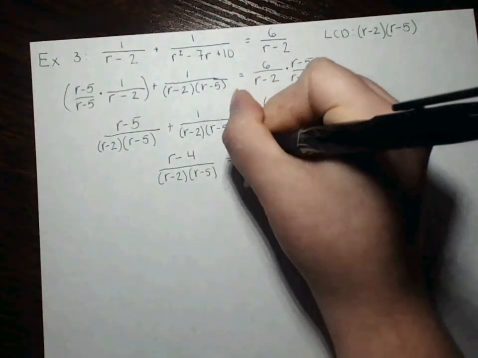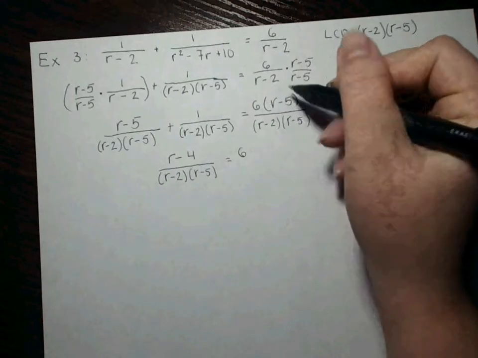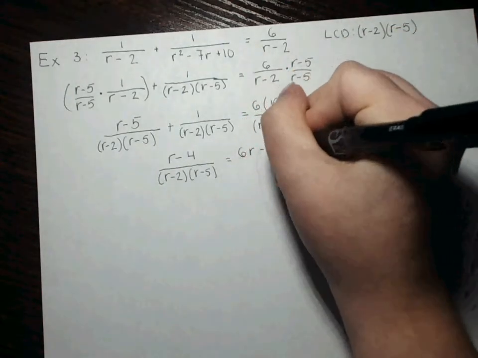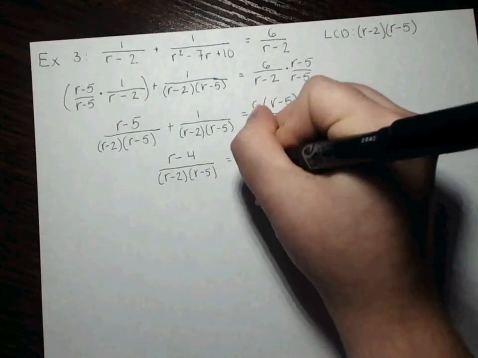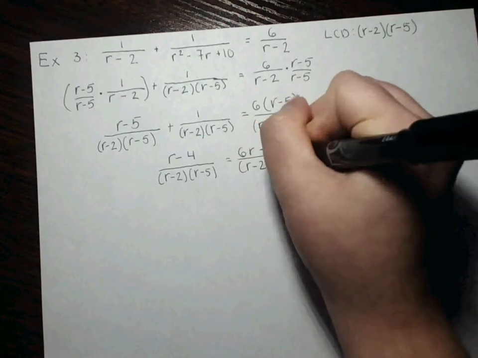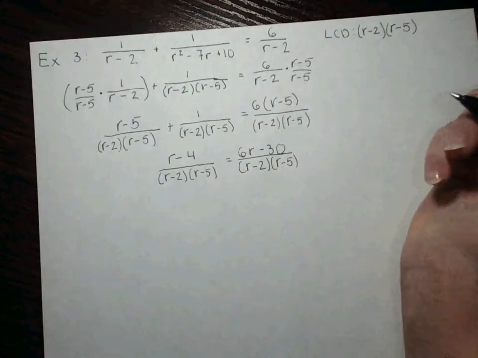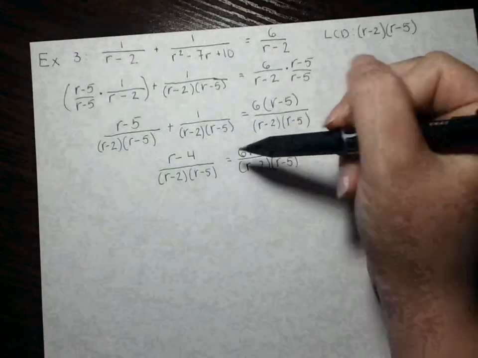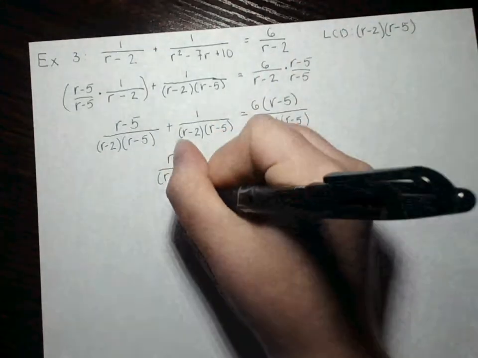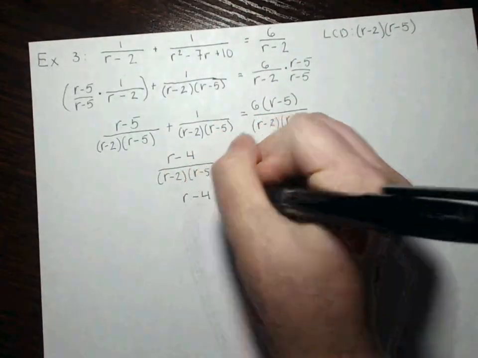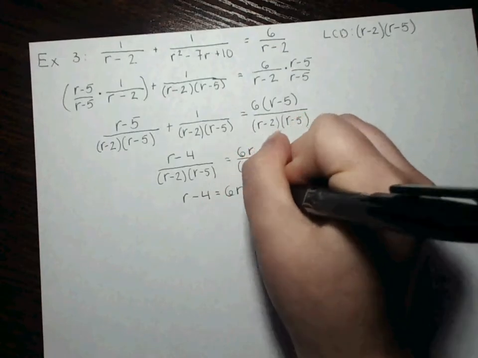And that's equal to, multiply this out, 6r minus 30. So now I get to just set my numerators equal and finish solving for r. So r minus 4 equals 6r minus 30.